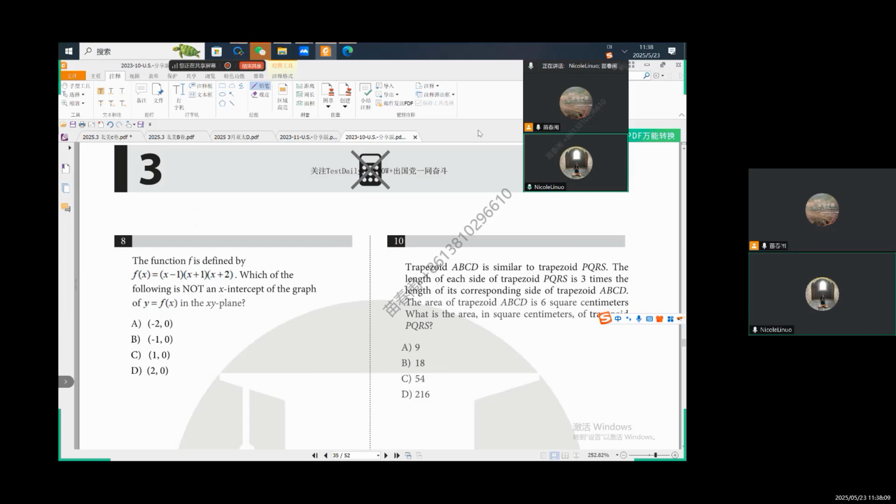Hey, got it. Wait, let me take a photo. Anyway, normally you can get this one right.